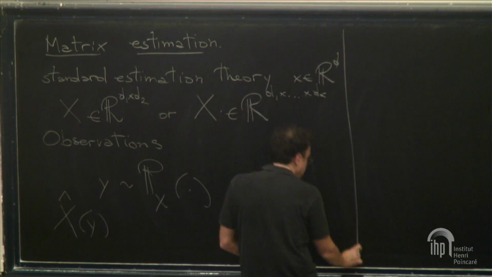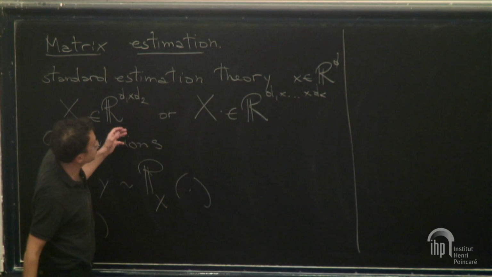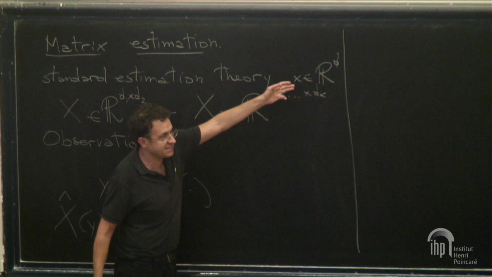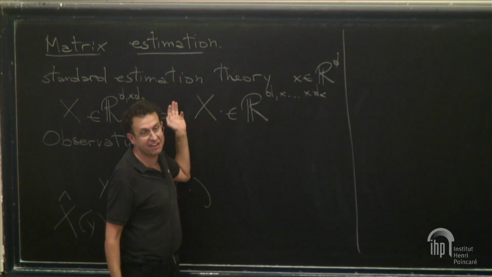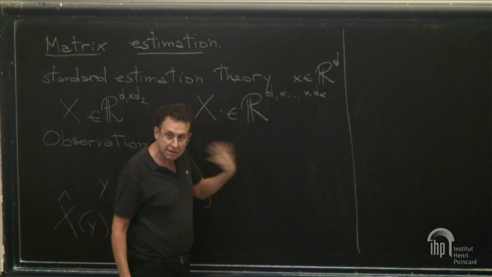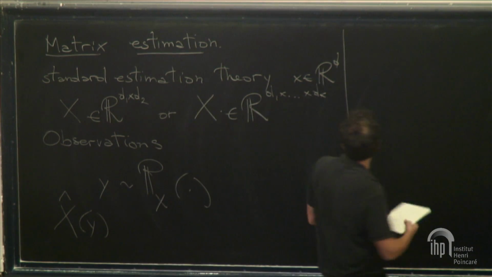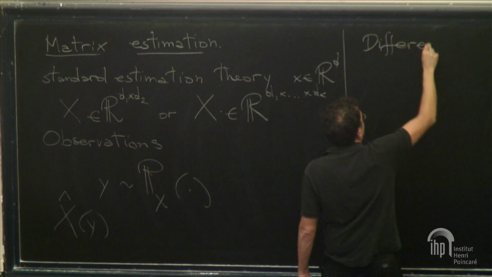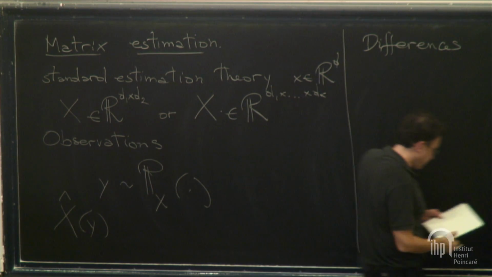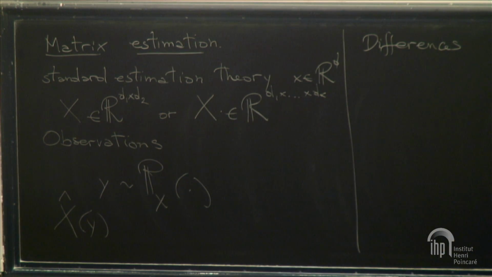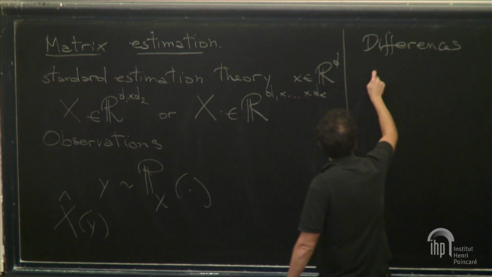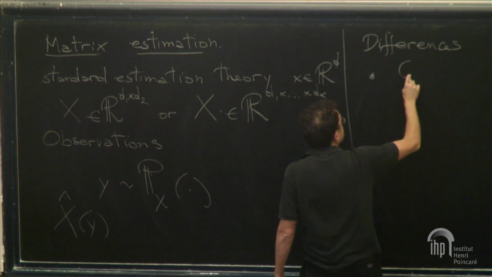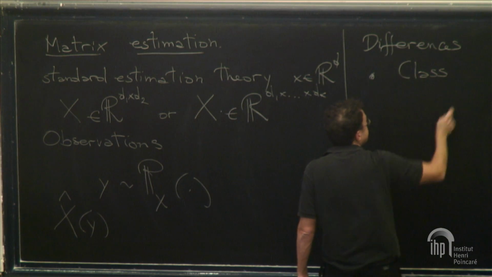Okay, now a couple of remarks. At first sight, there seems to be no difference between this case and this case because you can simply vectorize any matrix. But as a matter of fact, the differences come in for two reasons. First of all, typically we are interested in a class of matrices.